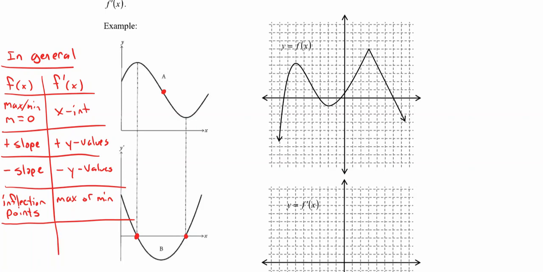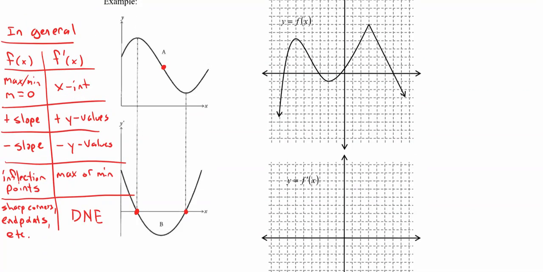And then lastly, sharp corners or endpoints, etc. We'd say the derivative does not exist on the new one.